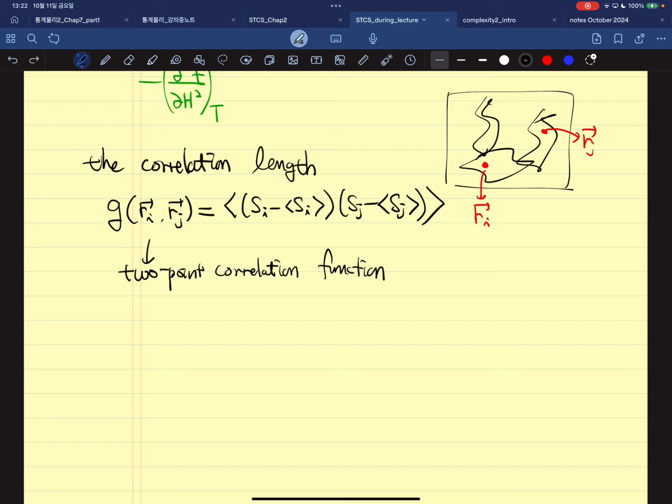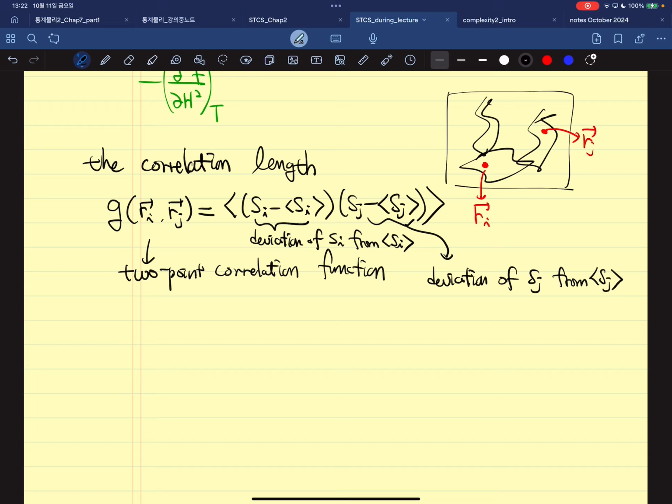It means that this part is the deviation of the spin variable from the average value, and the same for Sj. It's the deviation of the Sj variable from the average of Sj. So each of these terms in this product refers to a deviation itself.